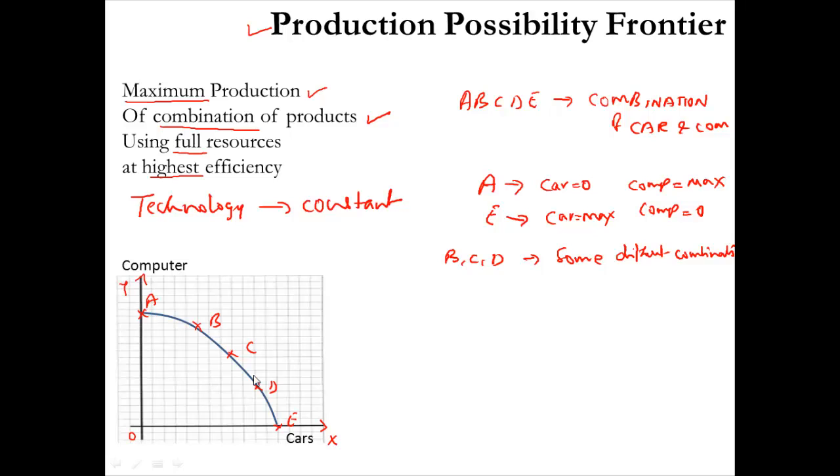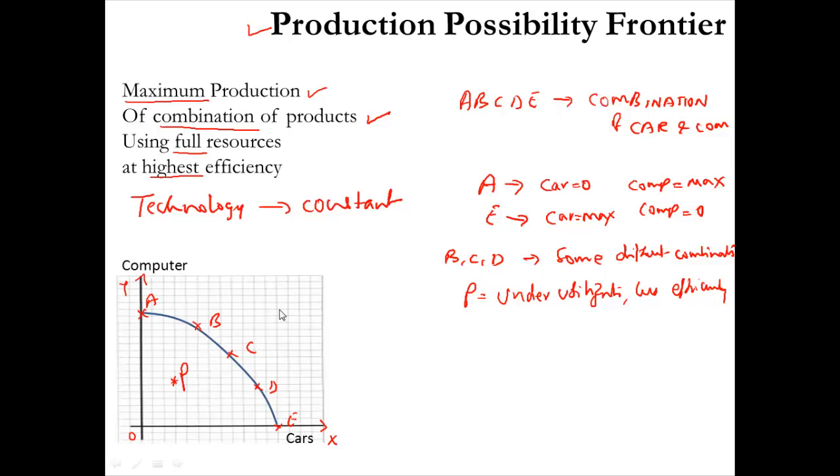So therefore, any point within this curve, let us say point P here, is actually underutilization of resources. It stands for also what we call maybe less efficiency in production.